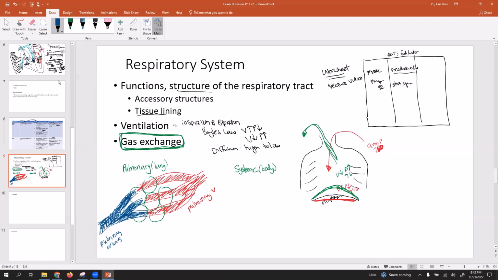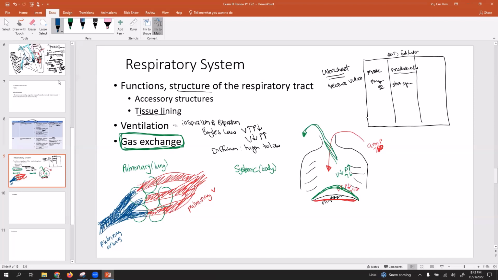The only thing we can say for 100% sure is that arteries carry blood away from the heart. Does that make sense? Okay, so in this case, the pulmonary arteries are deoxygenated and the pulmonary veins are oxygenated.